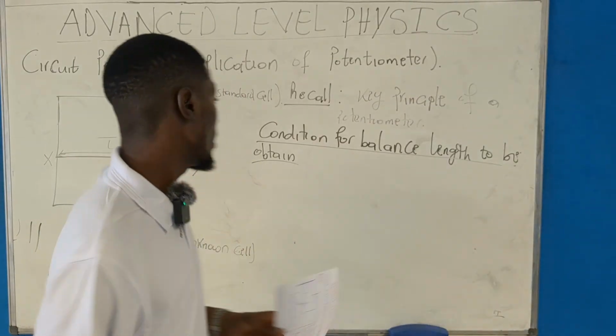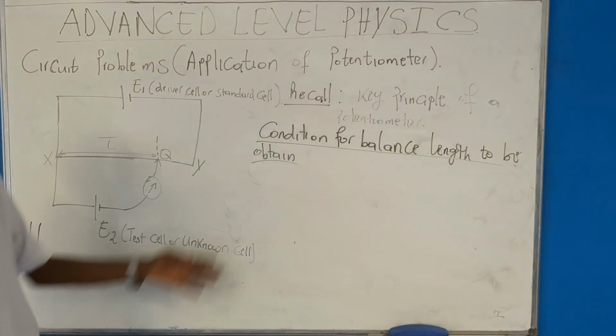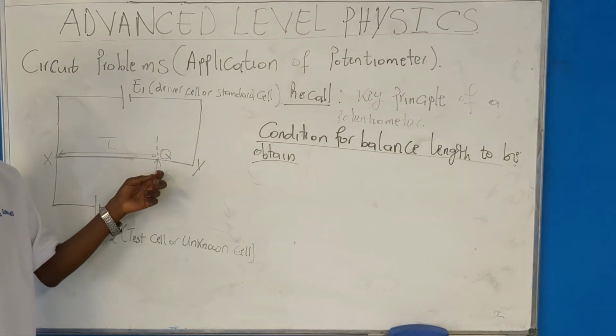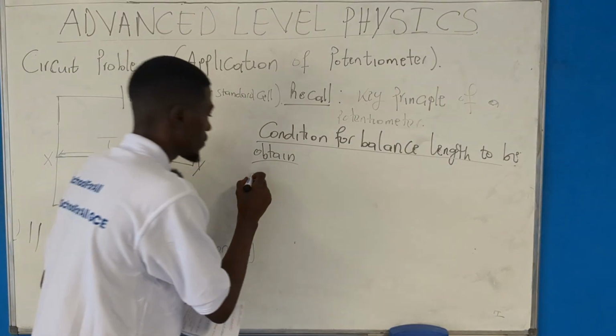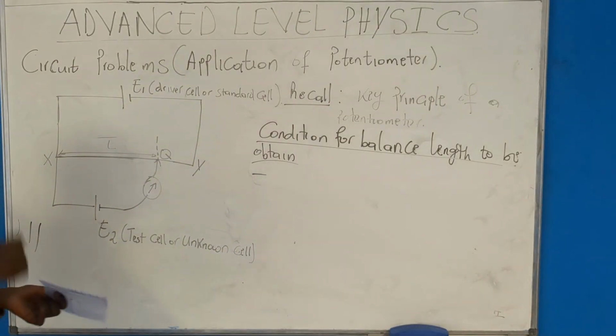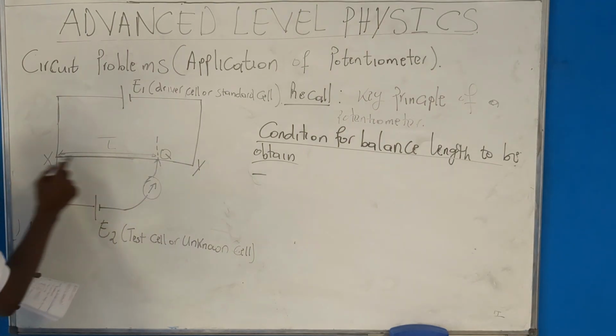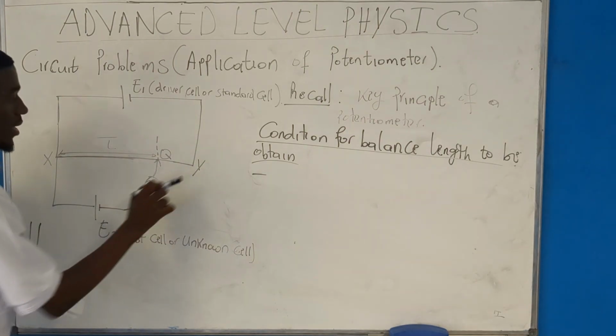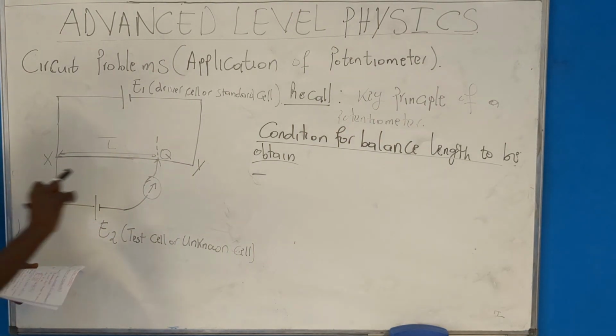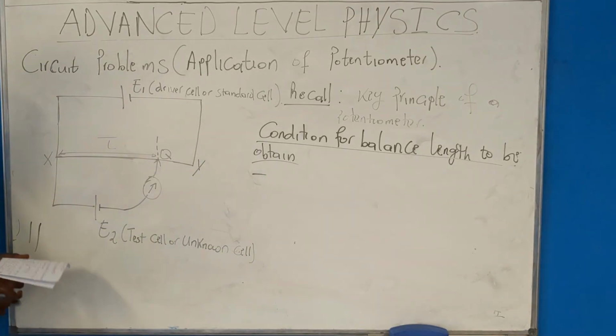Without those conditions, the balance length cannot be obtained, meaning that we cannot have a balance point. The first condition here is that the wire we are using, XY, should be uniform. The cross-sectional area of the wire should be uniform.